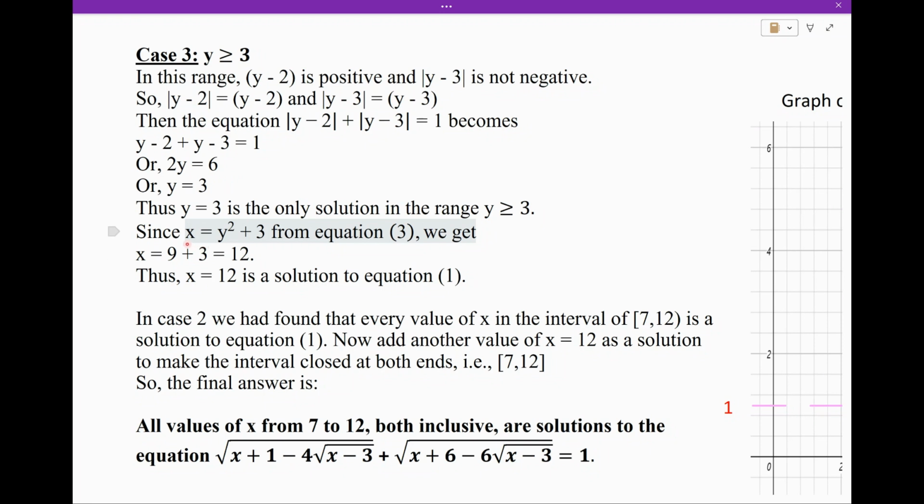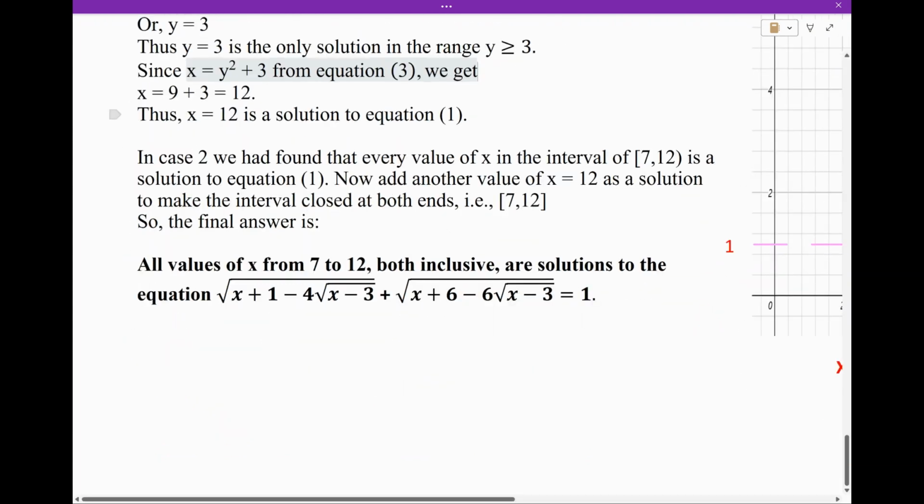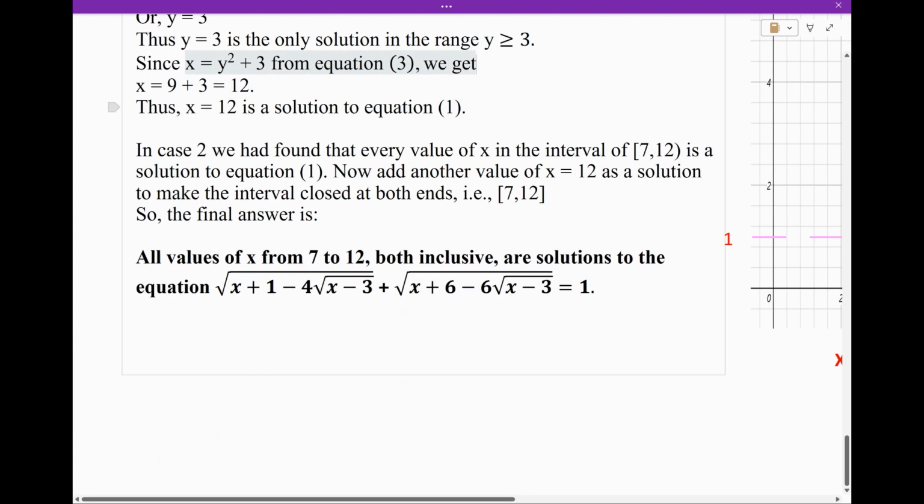Since x is equal to y square plus 3 from equation 3, we get x is equal to 9 plus 3, that is 12. So x is equal to 12 is a solution to the original equation 1. In case 2, we had found that every value of x in the interval of 7 to 12 is a solution to the equation 1.